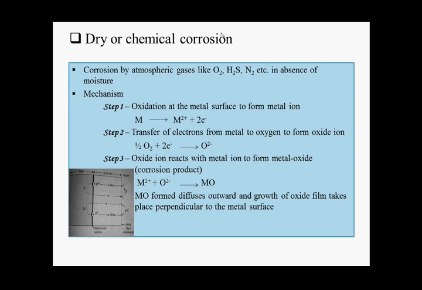This oxide ion then combines with the metal ion to form the metal oxide, which is the corrosion product. This corrosion product will get settled on the metal at the corroded area. This metal oxide formed will be present perpendicular to the metal surface, that is on the corroded area. So, that's the mechanism of dry corrosion.